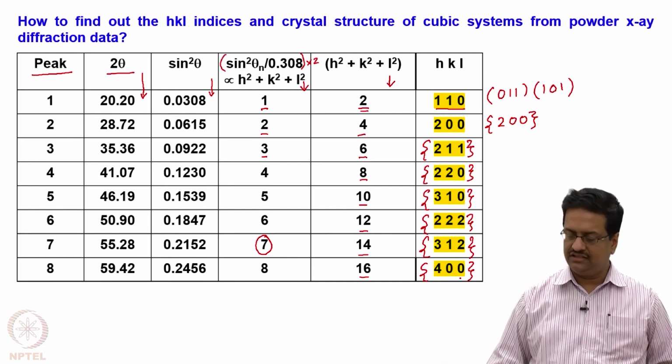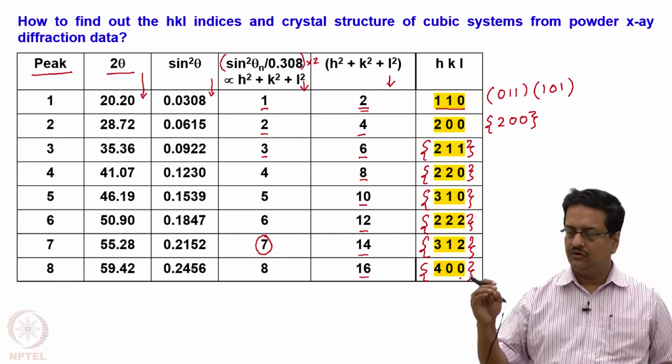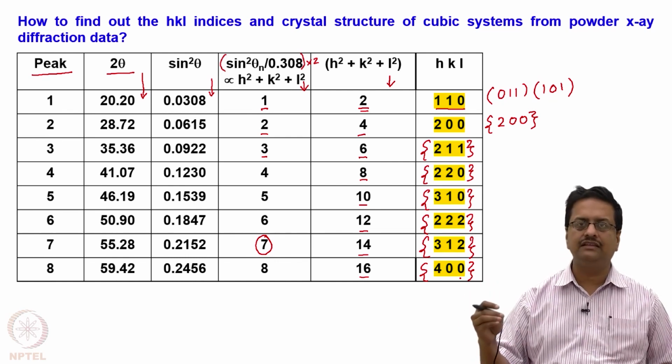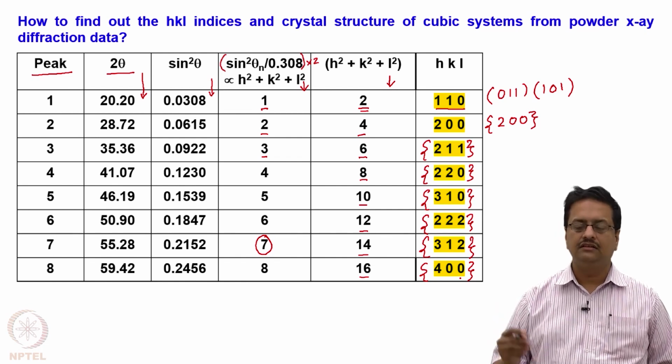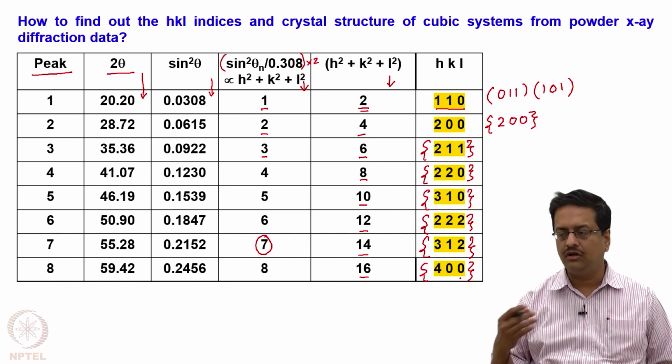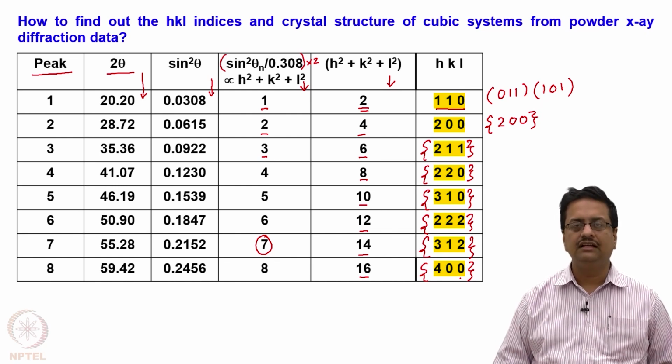So what we can see here is that only a set of HKL planes are allowed in this particular diffraction pattern, not all possible values of HKL.